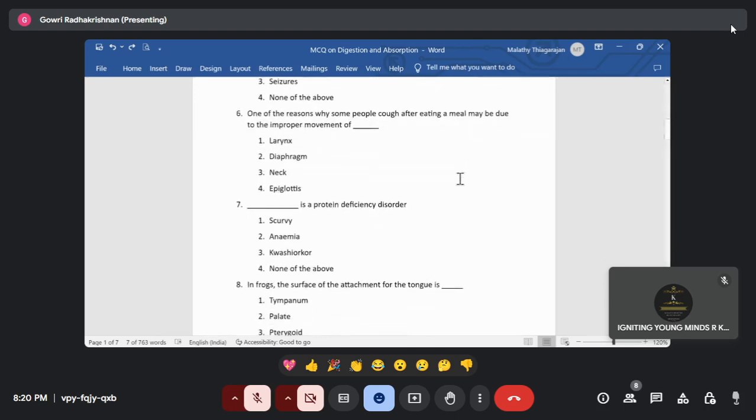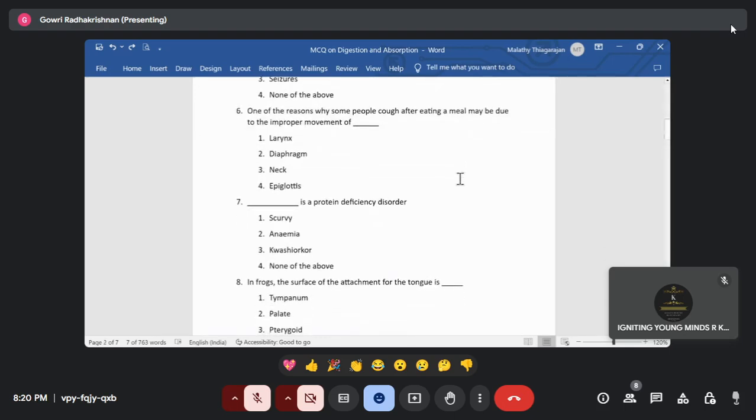Now, the sixth one. One of the reasons why some people cough after eating a meal may be due to the improper movement of the diaphragm? No, the epiglottis. It is something like a flap which closes the respiratory tract, and the food is transferred to the esophagus.